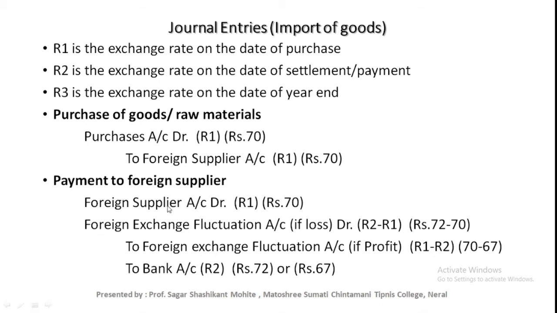The entry will be foreign supplier account debit rupees 70, to bank account rupees 67, to foreign exchange fluctuation account rupees 3, that is 70 minus 67, rupees 3. Okay, this is the entry related to payment to the supplier. There may be two situations, profit or loss.